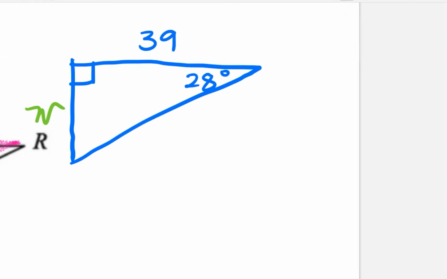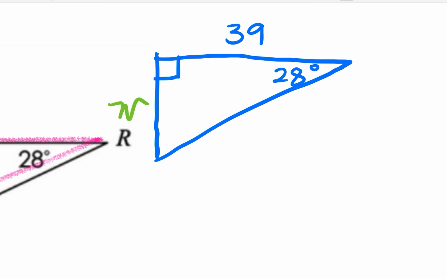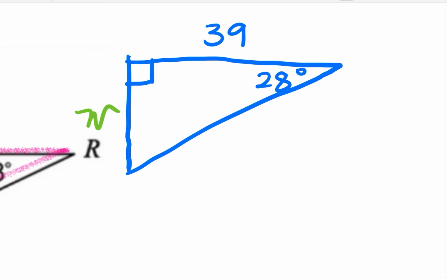So let's focus our attention on this specific problem that we have. So I will have 39 adjacent to 28 degrees, while W, which is unknown, is O, so that is going to be opposite. Therefore, I'll be using TOA, opposite and adjacent.